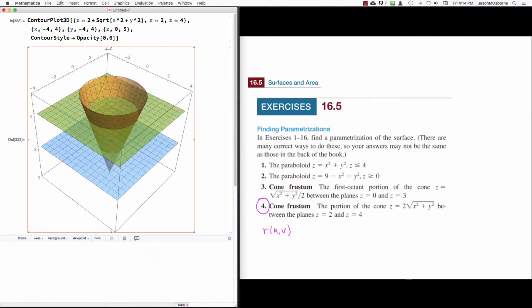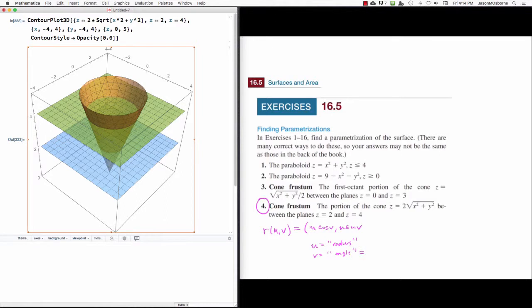which tells me that maybe we should try a polar coordinates description of this surface, which means that x and y are going to be functions u cosine of v, u sine of v, where u is equal to the radius variable and v is equal to the angle variable.